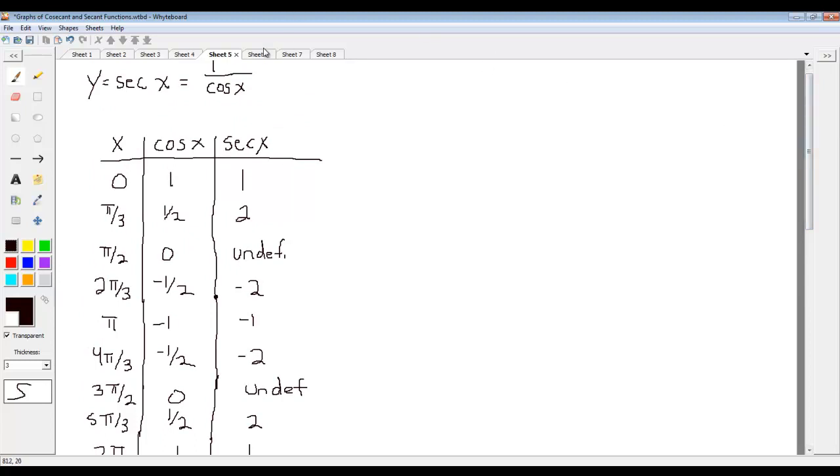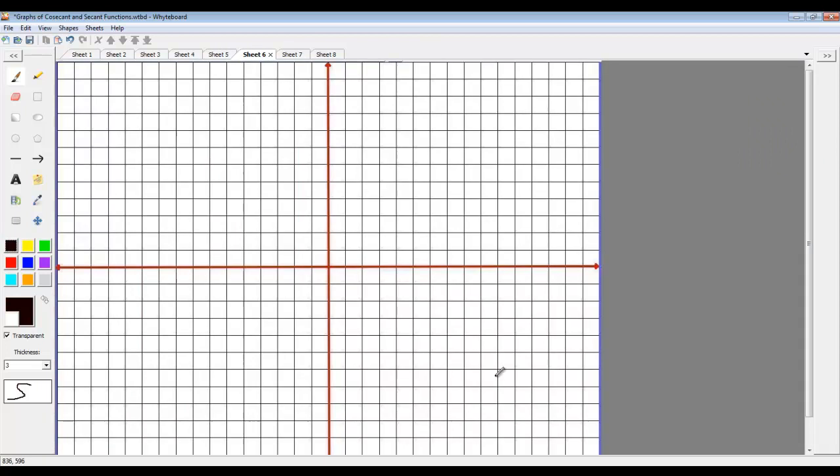But to graph it, basically you can graph the cosine function first. Alright, so cosine, let's mark it off. 1, 2, -1, -2. Mark it off here.